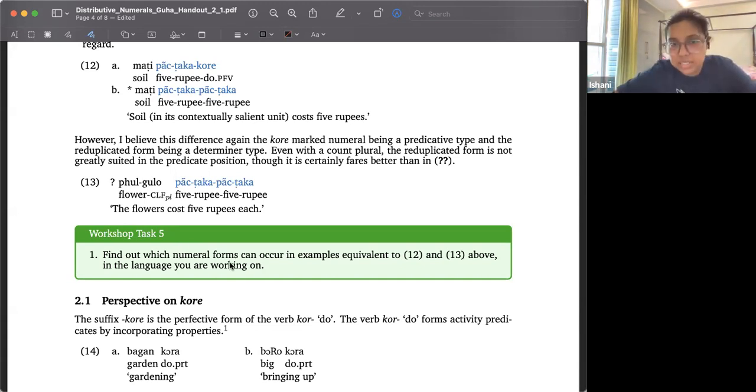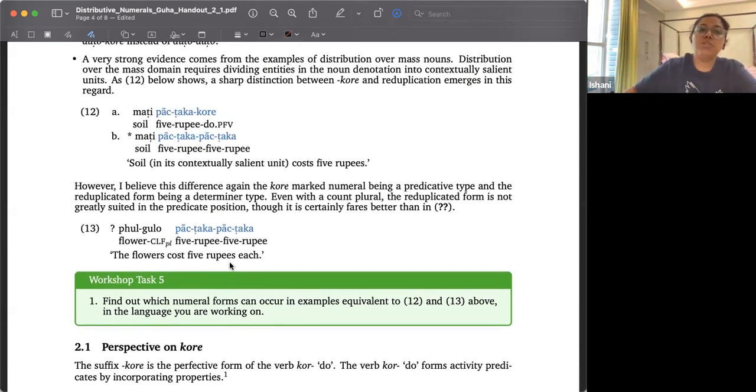So anyway, what it boils down to is that distribution over mass domains requires again some sort of non-atomic distribution over salient non-atomic units of the noun that we are distributing over. It seems that this is something that Kore can do for Bangla, but reduplication cannot do, right?